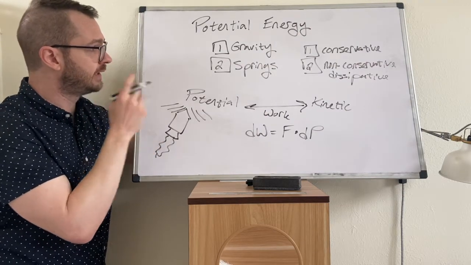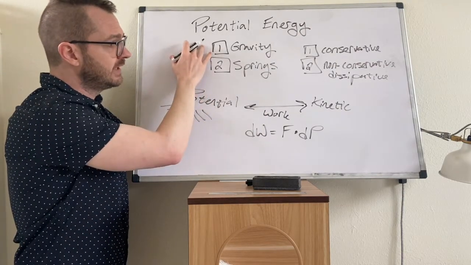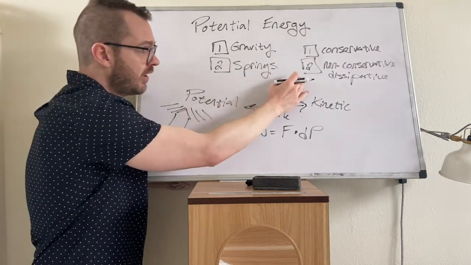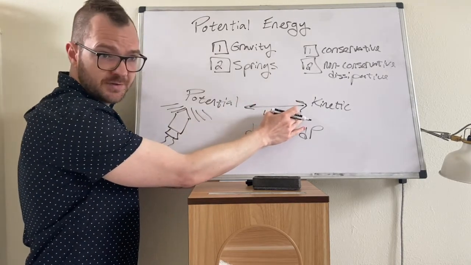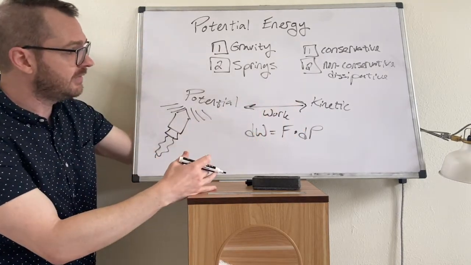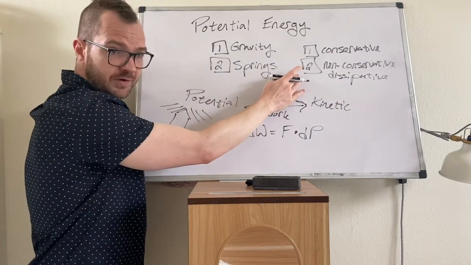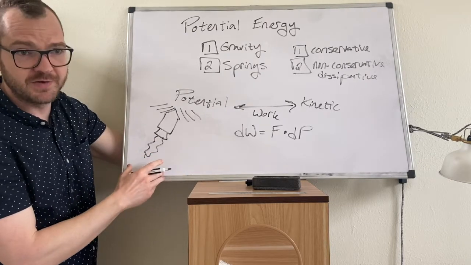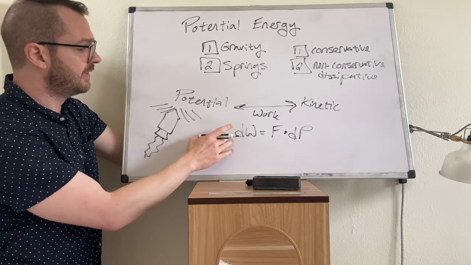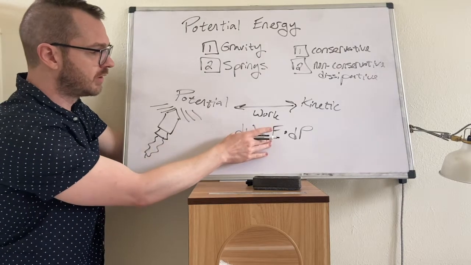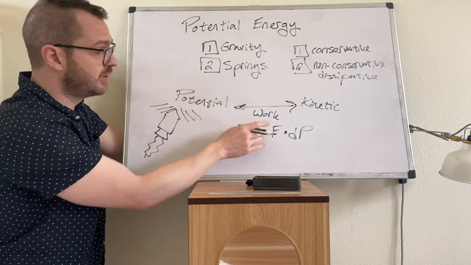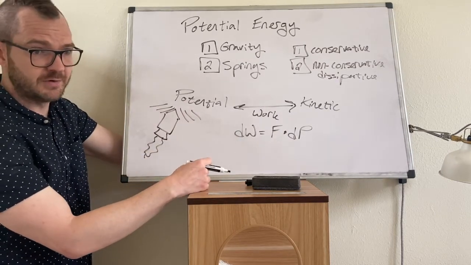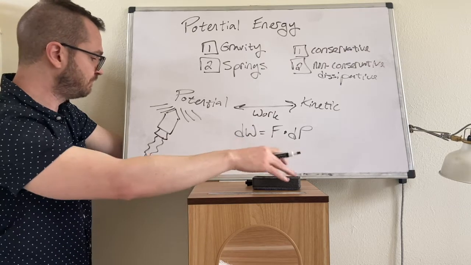So we have the conservative forces that lead to potential energy expressions, so things like gravity and springs, and then we will have non-conservative forces that only diminish the kinetic energy. How can you calculate the work done by a non-conservative or a dissipative force? Well, go back to the other video where I talk about this topic of just work, and you take your friction or your drag term and you put it into this expression, and then you can solve it through numerical integration if you're doing some kind of simulation.